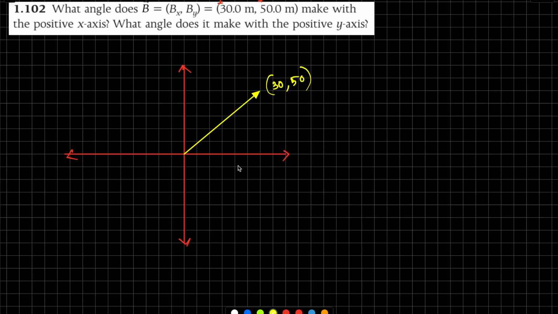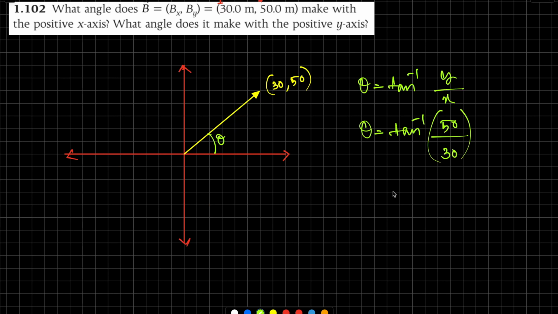So how do you find this angle? That's the direction of the vector, right? Theta equals tan inverse y over x. Theta equals tan inverse y component 50 over x component 30.